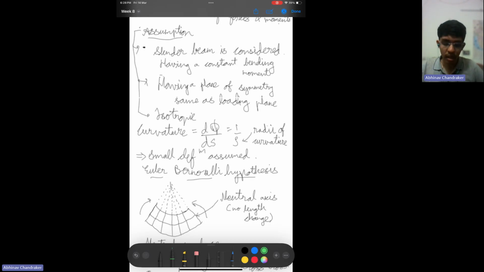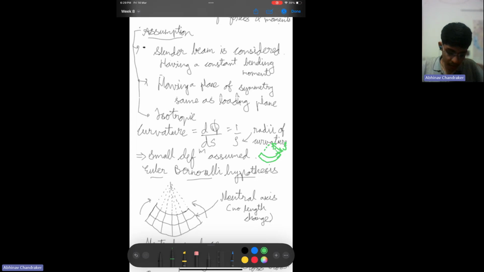So you can understand that the more a member is bent, let me draw it, the smaller its radius of curvature will become. Sorry, the more the member is curved, the radius of curvature will of course be smaller.